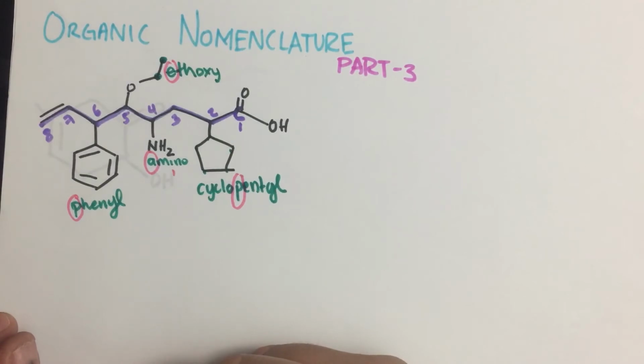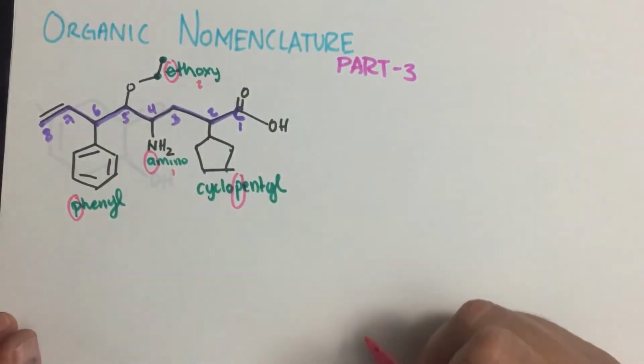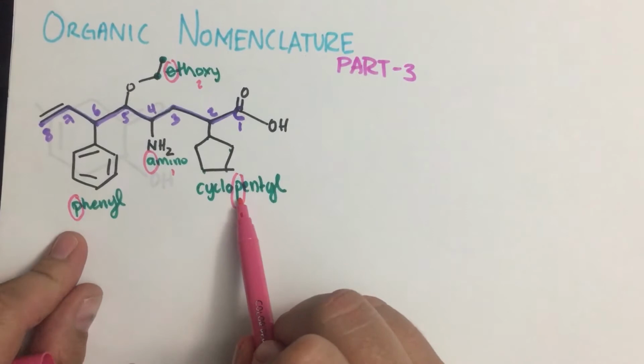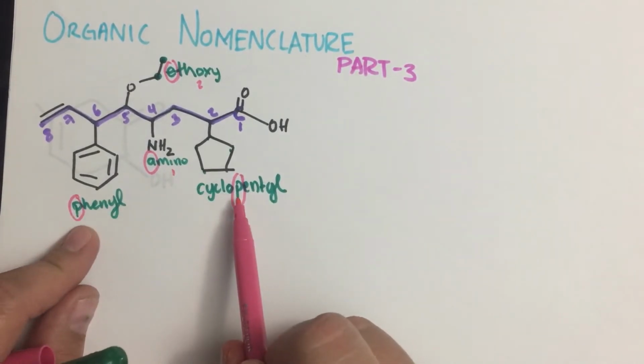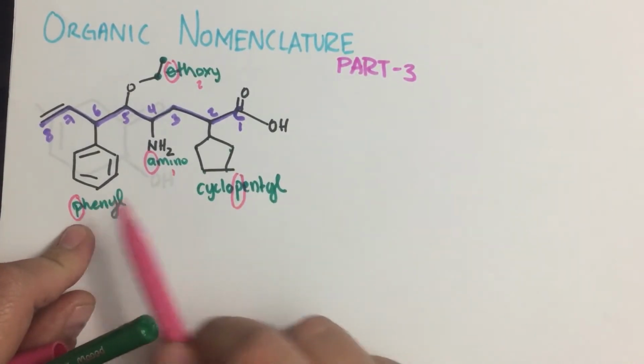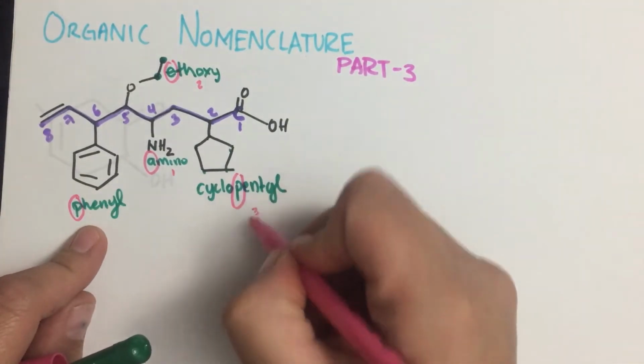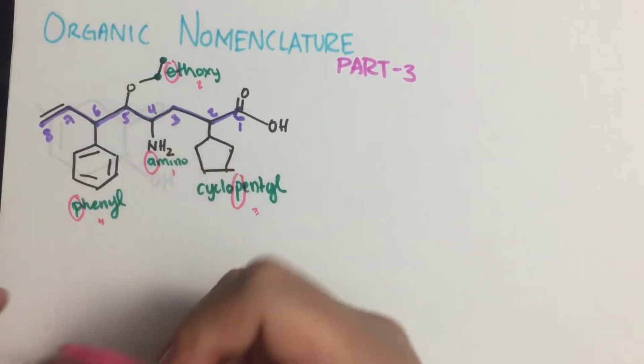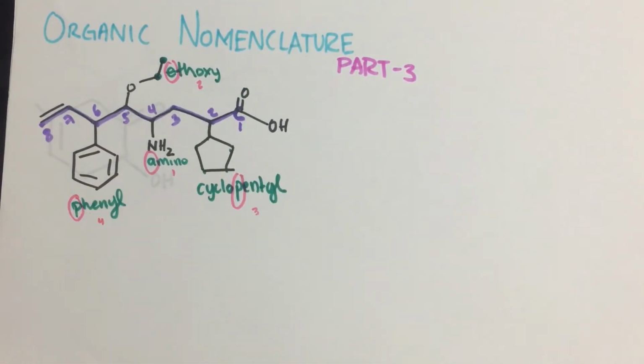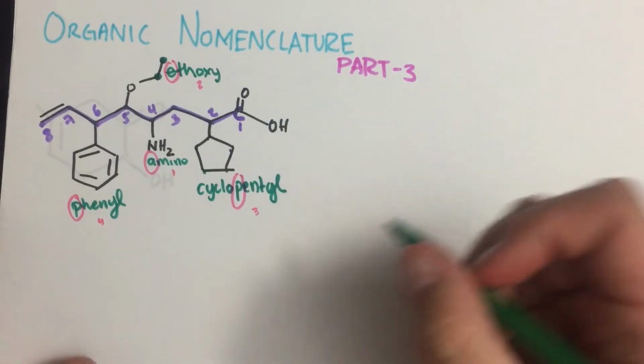Then we're going to go to our ethoxy. For the P's, since it's a P and a P, then you go to the next letter, H or E. Which one goes first? E. So this is going to be our third, and this will be our fourth. So alphabetically speaking.